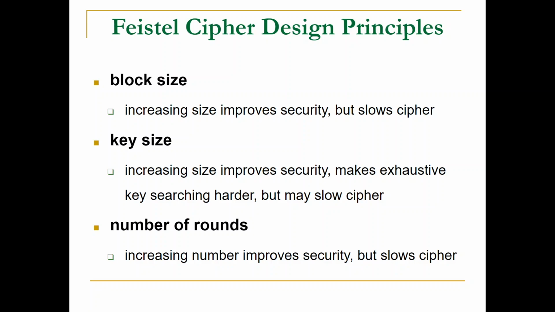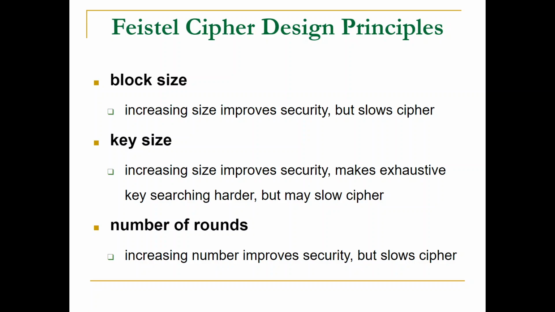So now let us discuss Feistel cipher design principles. There are various parameters. First one is block size. If we increase the block size, then the security also tends to improve. But the disadvantage is it also slows the cipher.